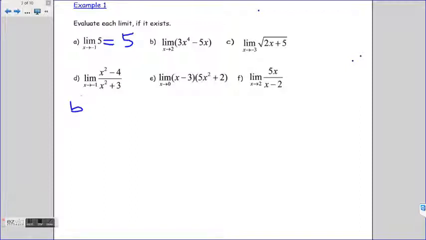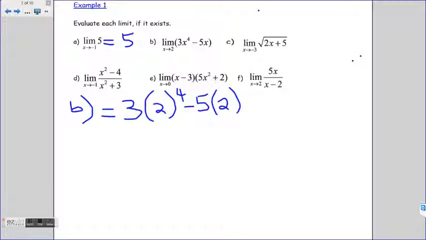It is equal to, what you're going to do is simply replace x with the value of 2, like so, and then evaluate it. So our answer is simply 38. Okay, so our limit is 38.